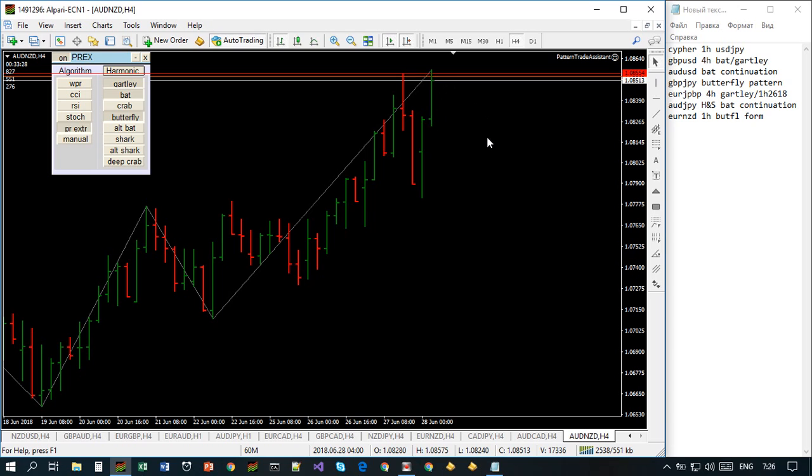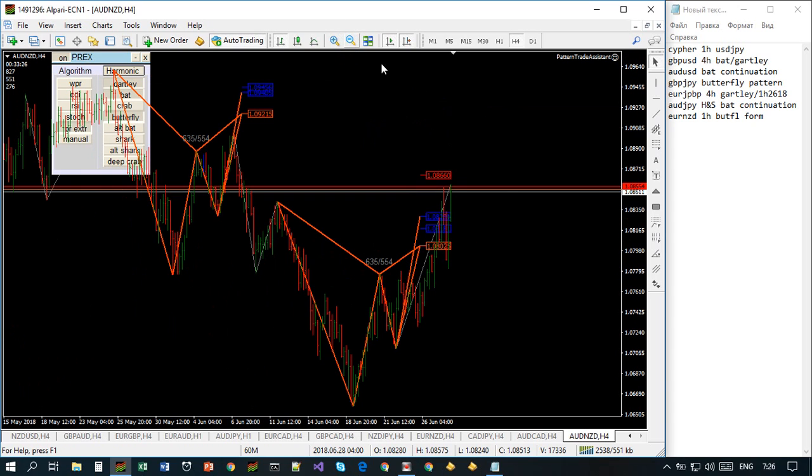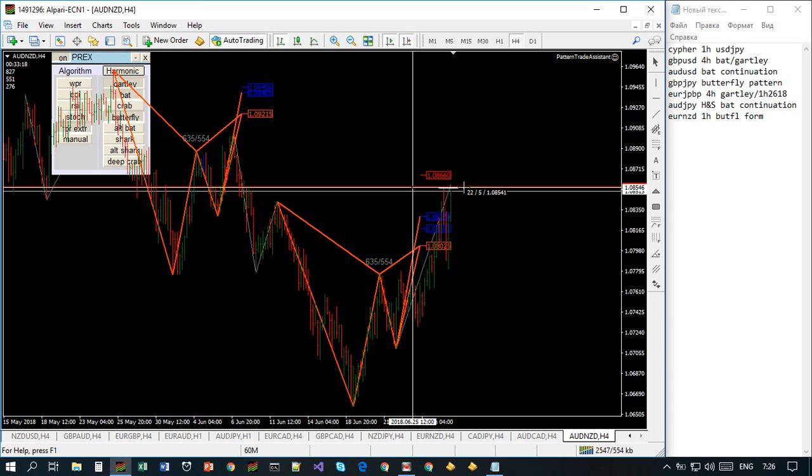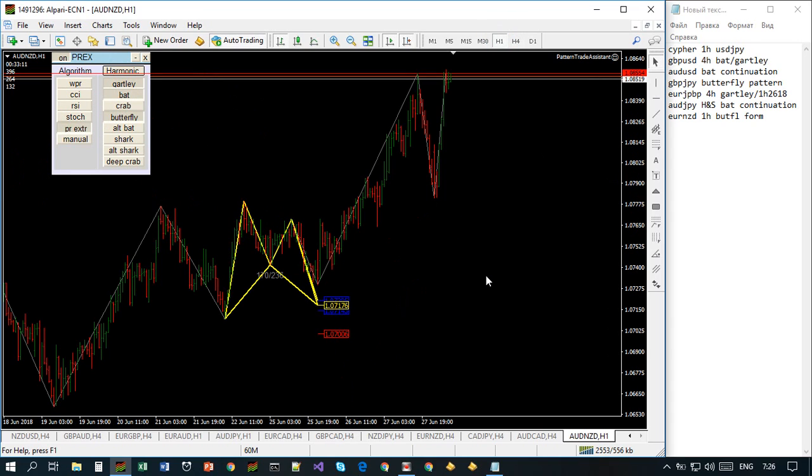So it indicates the momentum, and when we have this kind of momentum, we most likely break this. So if we break this level, we will head to the upside. Nothing for advanced pattern traders.